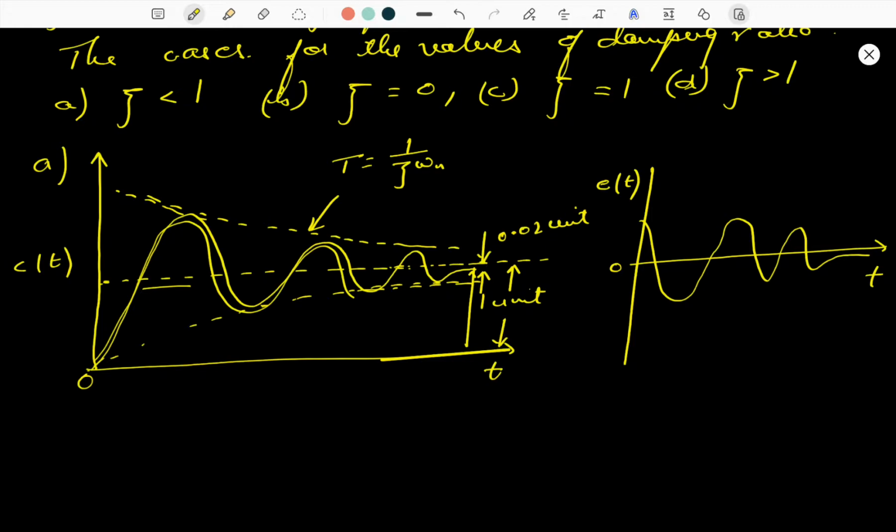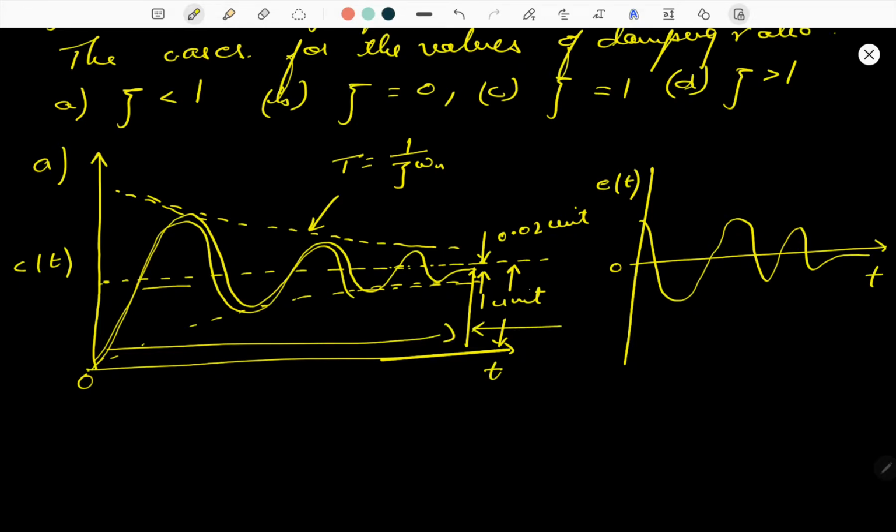The response settles within 2% of the desired value after damping out the oscillations in a time 4T. We have studied what T and 4T are. The response before this point is called the transient response, and after this it is called the steady state response.